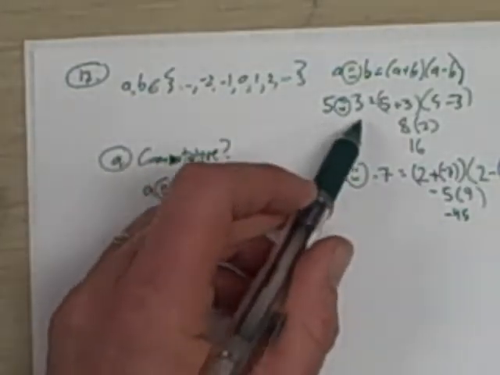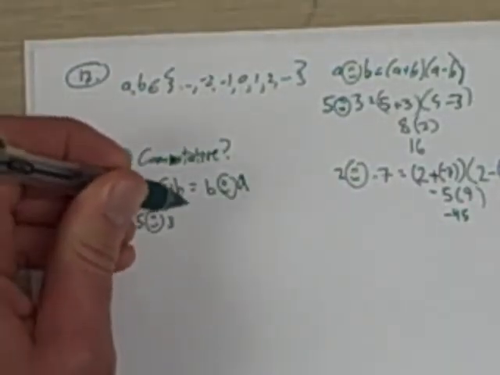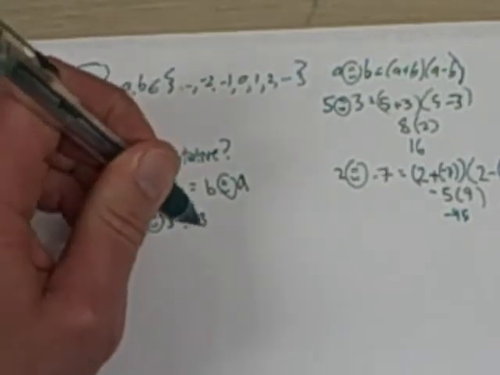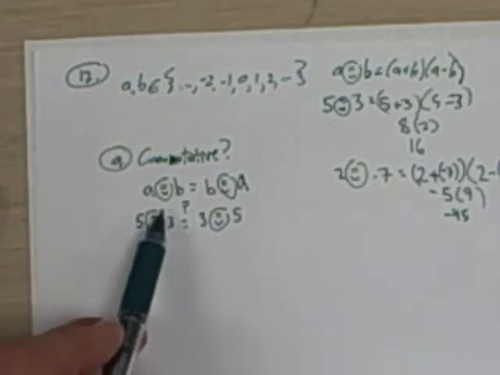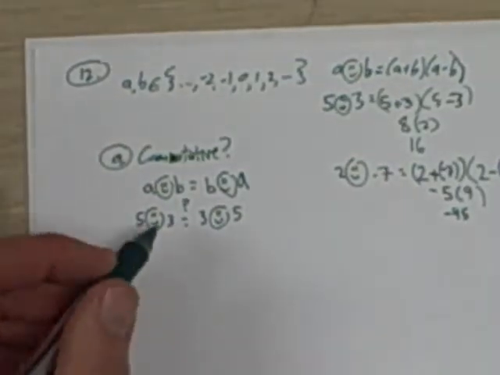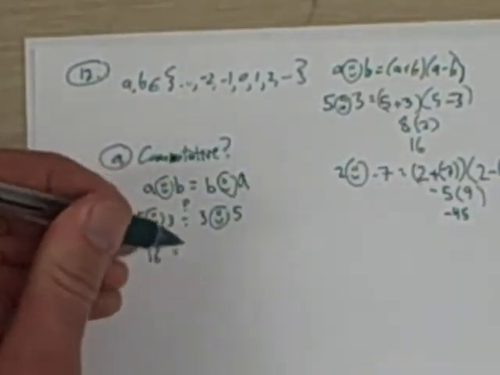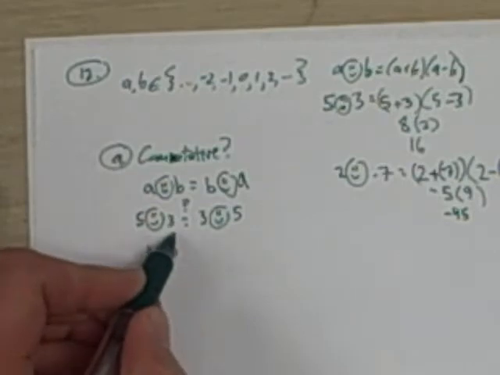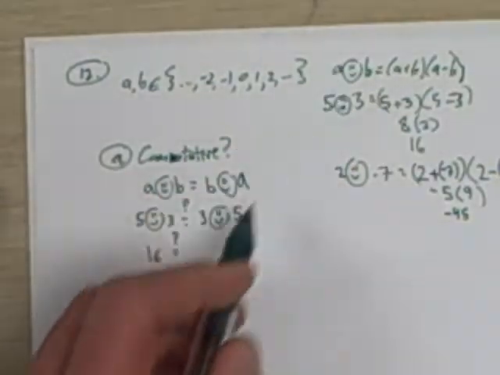Well, we already did 5 smiley face 3. Does that, in fact, equal 3 smiley face 5? Think about that word commute. Commute means to move. So we actually moved where the elements were. 5 smiley face 3, we've already done that work, it's 16. But if we do 3 smiley face 5, I still don't know if it equals or not. 3 is a, 5 is b.